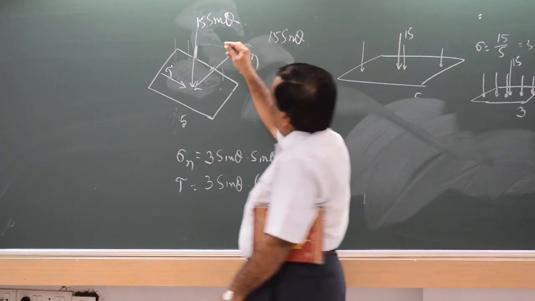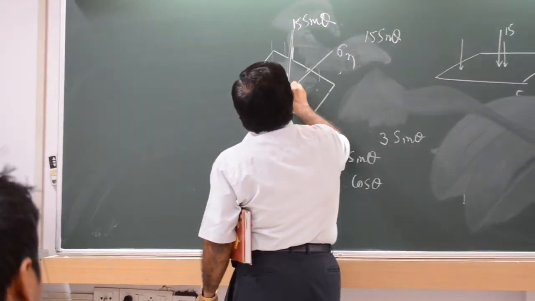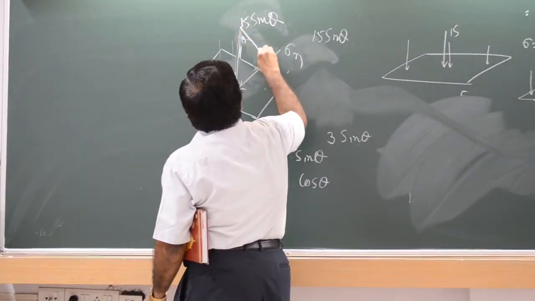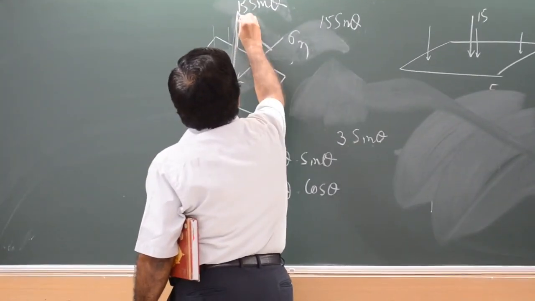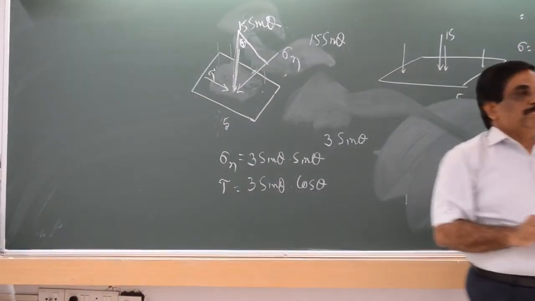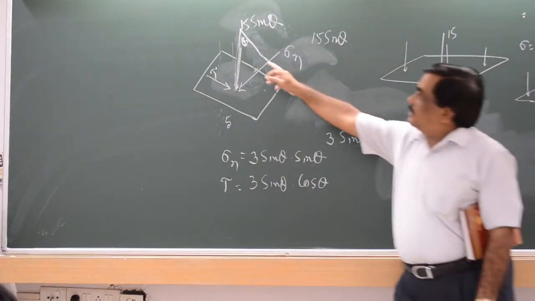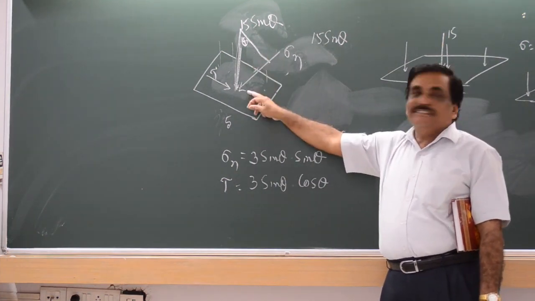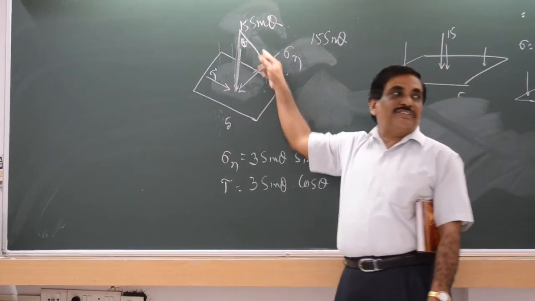Now, this will be 15 sin theta. So theta, which is theta angle? This with the plane. Angle between the plane and the stress direction. Plane is this. Theta is this angle. So this is normal stress. This is shear stress.